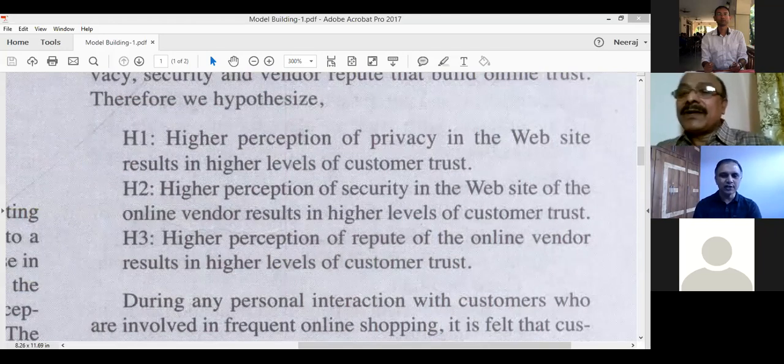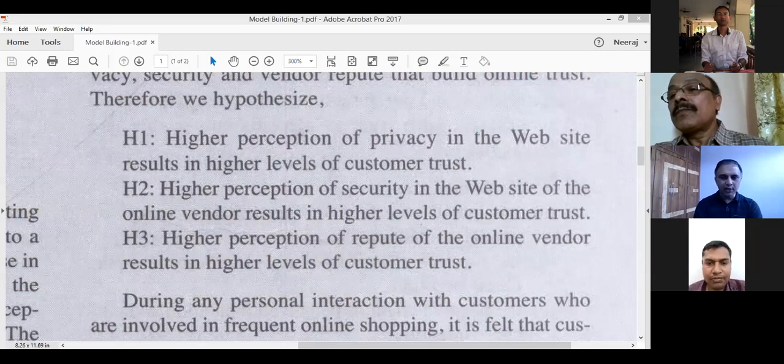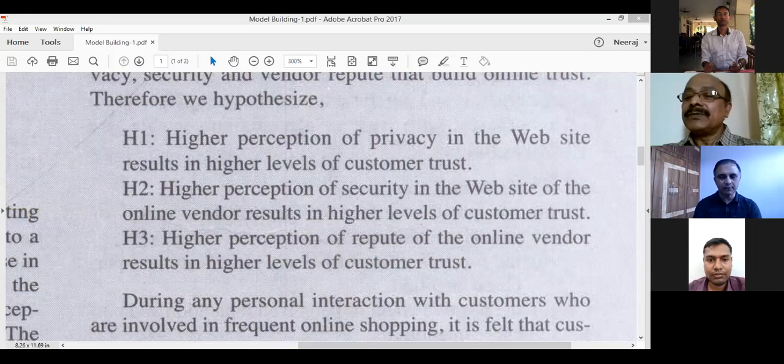And I am also saying the same thing. I am saying perception is a variable, but sir, perception can be about n number of things. Perception can be about government, about civil life, about anything. Right. Here we have restricted it; we are talking about perception of privacy. I do agree with you, and I am saying the same thing. Perception is a variable, but here the perception should be read in context of privacy, that is perception of privacy, and that too privacy of the website. Am I clear, sir? Thank you.